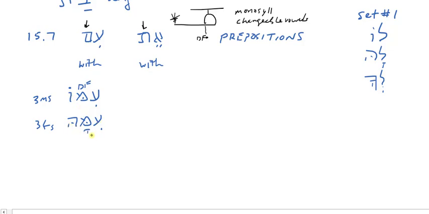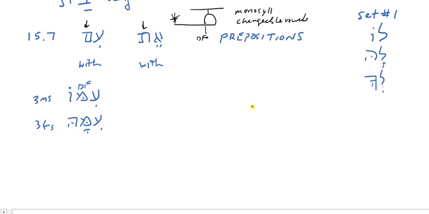Okay? So let's go ahead and read the forms. If you look at 15.7 on page 123, just repeat after me. We're just doing the im forms. Immo, with him. Repeat. Imma, with her. Immakha, with you, masculine singular. Immakh, with you, feminine singular. Immi, with me. Look at the plural side. Imam is with them, masculine plural.